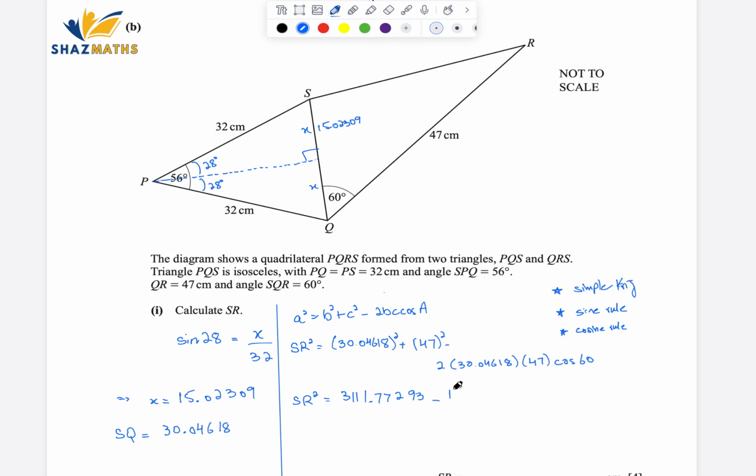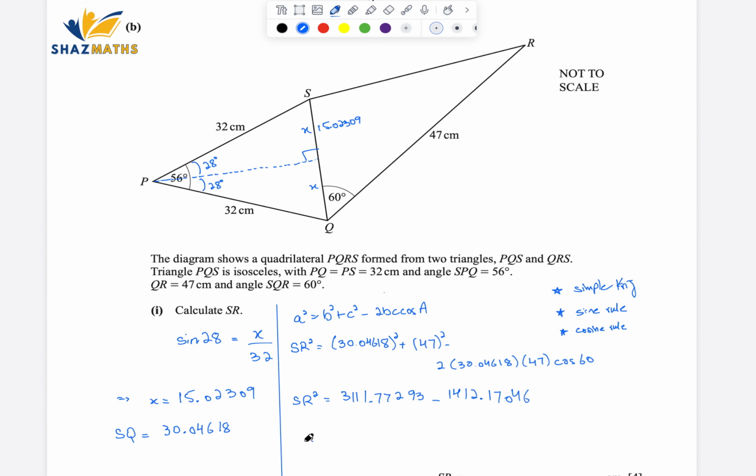So this is 1412.17046. So I'm going to subtract these two, so it would be 3111.77293 minus 1412.17046, and then take the square root of the answer.